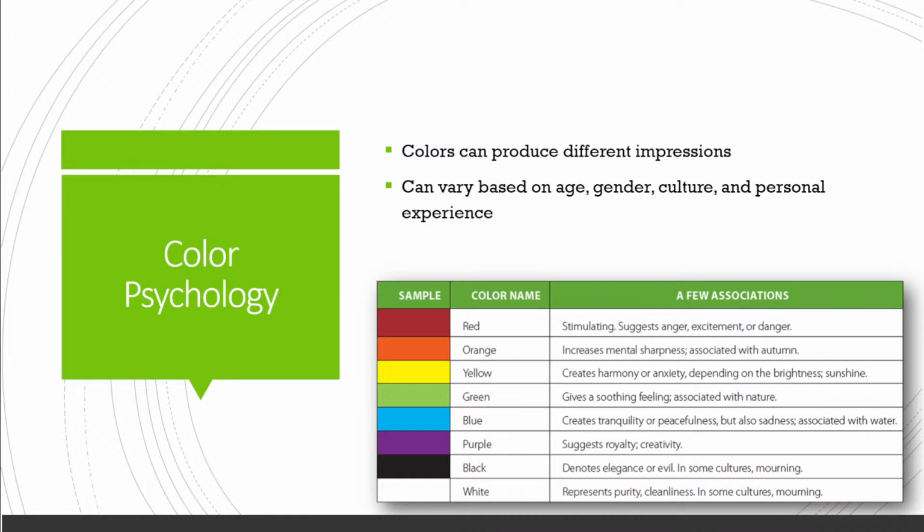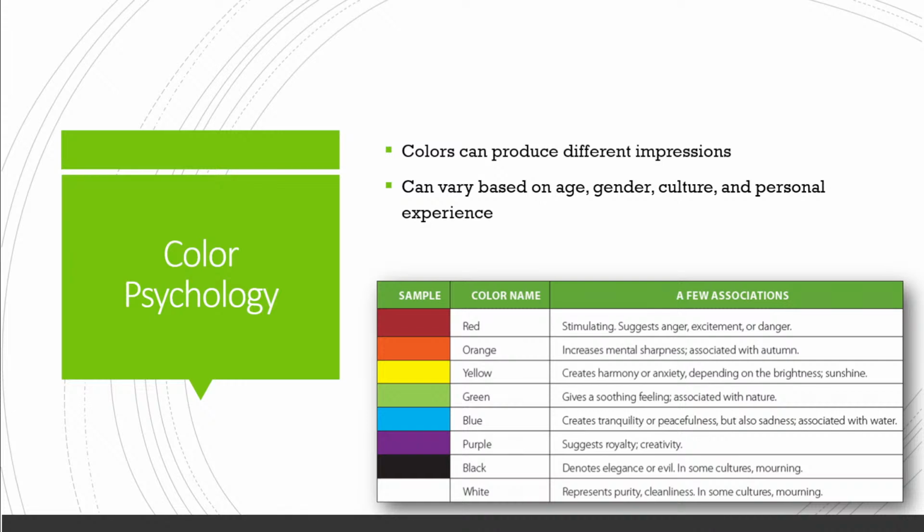Both of them have mourning as an association. In a lot of Western countries, the United States, a lot of European countries, when somebody's passed, you wear black, but in a lot of Asian countries, you wear white. So a lot of this is going to change culturally.